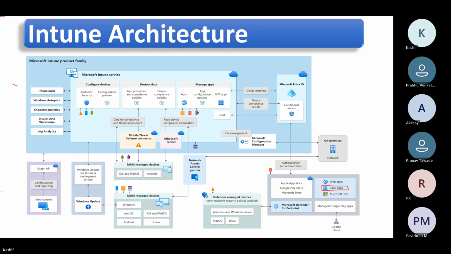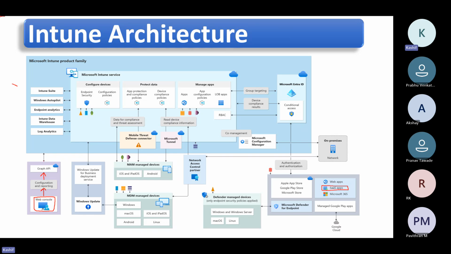Now, when you take the subscription from Microsoft, you are going to get a web console access, Intune web console access. So through this web console, you do the configuration and reporting. Your information goes to Graph API. Graph API is a communication bridge between you and Intune services in the backend.